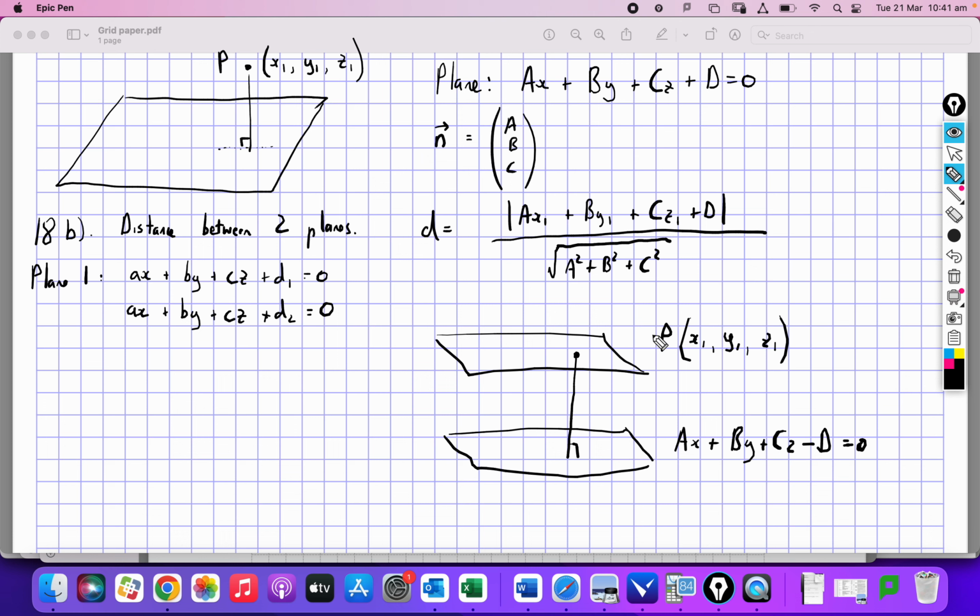You just got to keep it in your short-term memory. Keep it in mind. Which plane are you getting the point from, and which plane are you using the equation to get your normal vector, so to get your a, b, c and to get your magnitude, etc. Right?